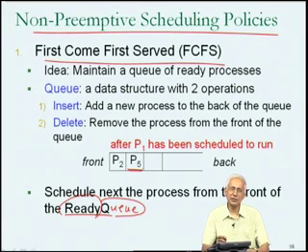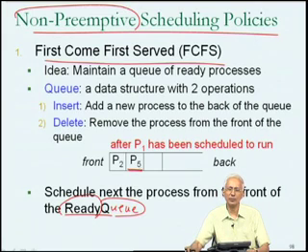Then under the first come first serve policy, the average execution time would actually be fairly high because the execution time for P5 would include the amount of time that it waited in the queue for P2 to finish execution. Therefore, first come first served is not a very good policy. It's a non-preemptive policy, so it's not very good from the perspective of being fair. It's not even a very good policy from the perspective of average execution time because it doesn't seem to do anything special about processes which have short requirements of the CPU.